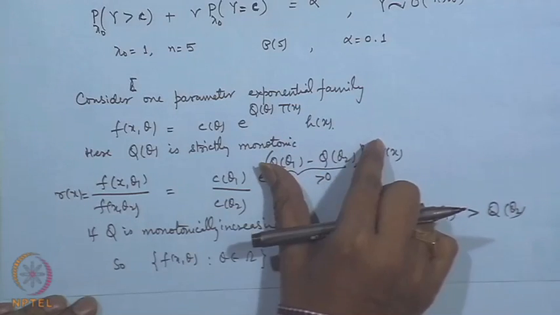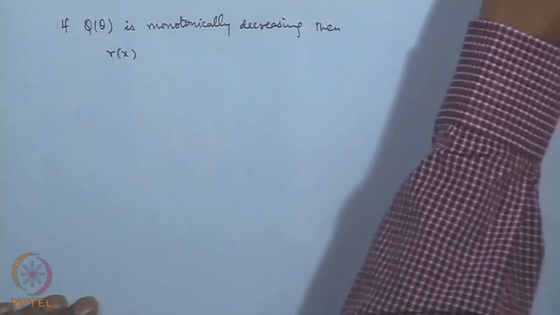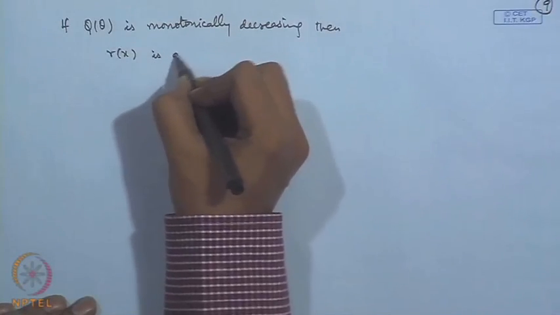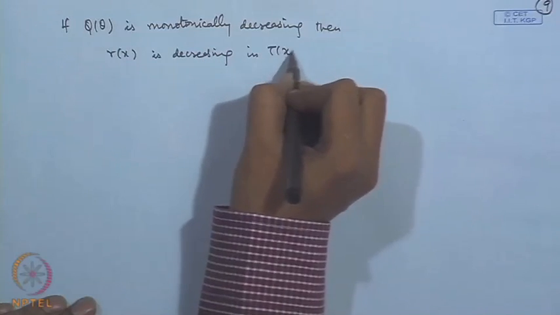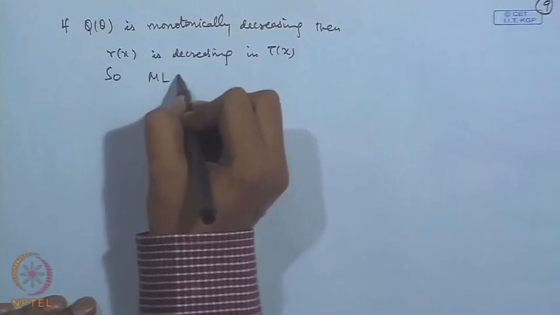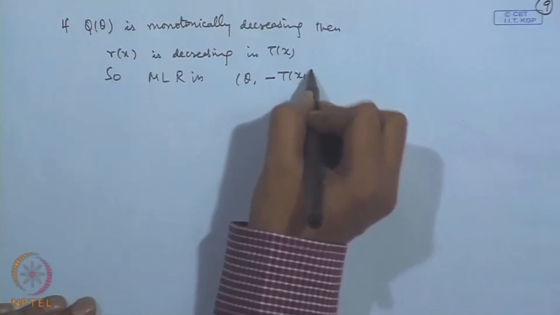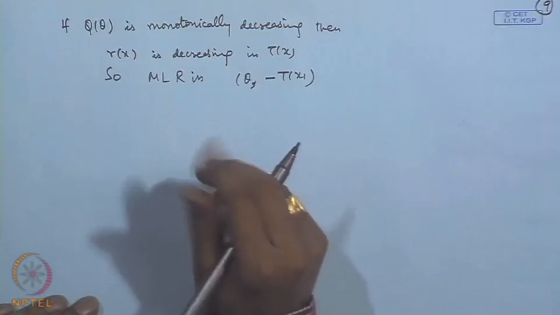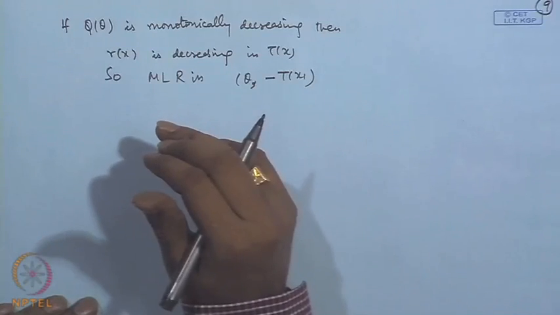Therefore, this term will become a decreasing function of T x, and therefore the monotone likelihood ratio will be in minus T x. So, MLR will be in theta and minus T x. That means the test function will get reversed. Inequalities like here we have T x greater than c, it will become T x less than c.